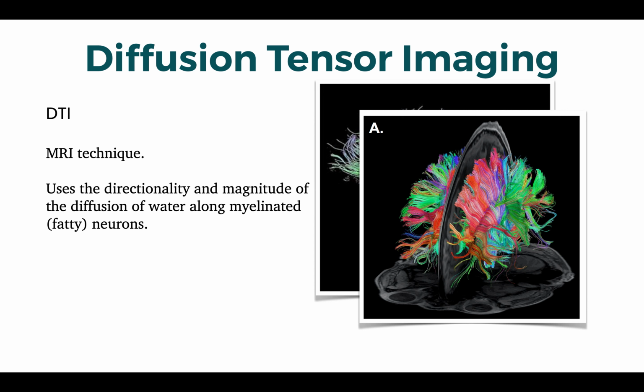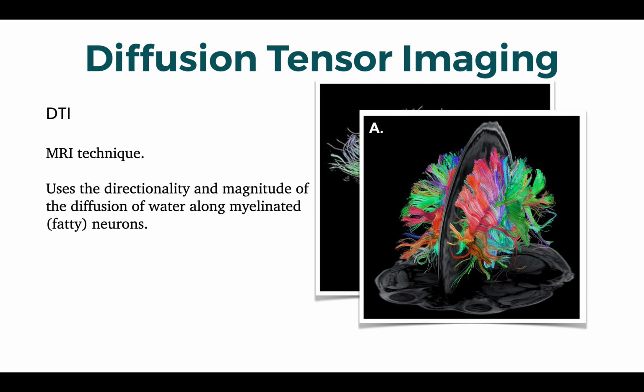When we talk about neurons, you're going to learn about this stuff called myelin. Myelin is essentially a fatty covering that runs along the length of the axon of the neuron. It acts like insulation. Now, because we're full of water, water tends to diffuse along the fatty axons, and what you can do is follow that water.